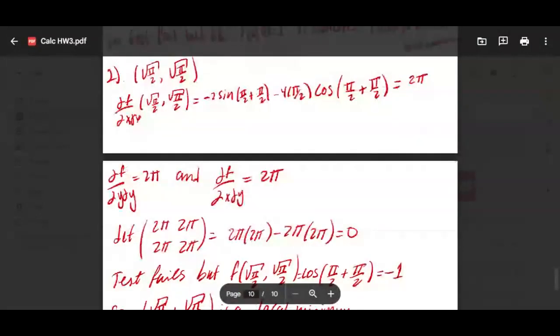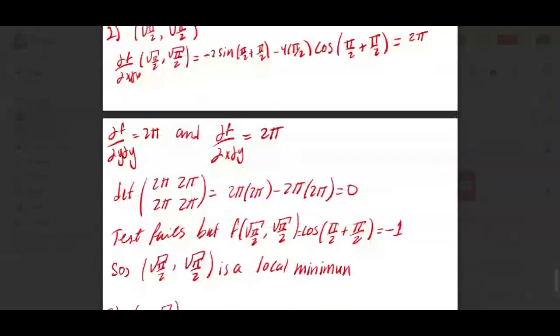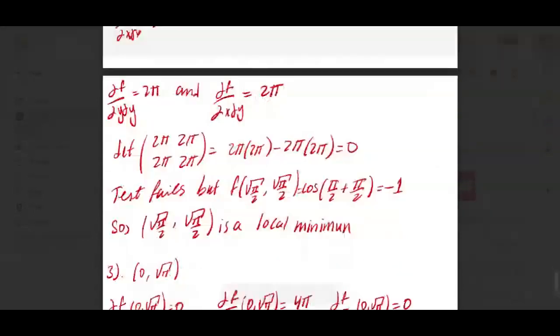Same thing for the second partial with respect to y, it will be equal to 2 pi, and the same thing for the mixed partial derivative of f. And then for the determinant, I ended up with it being equal to 0. This part, the test fails.